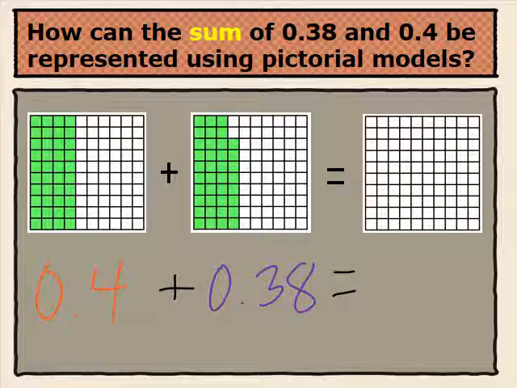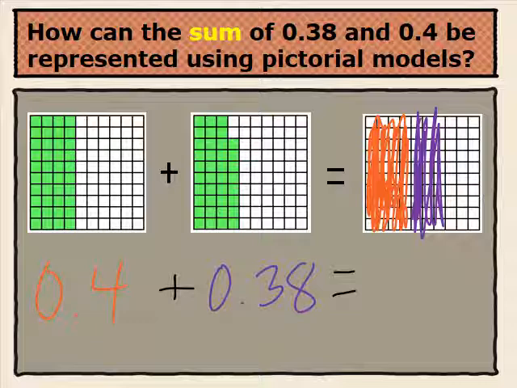So we're going to shade in our answer decimal square, 4 tenths, in our first color, and then 38 hundredths in our second color. And together, that gives us 78 hundredths.